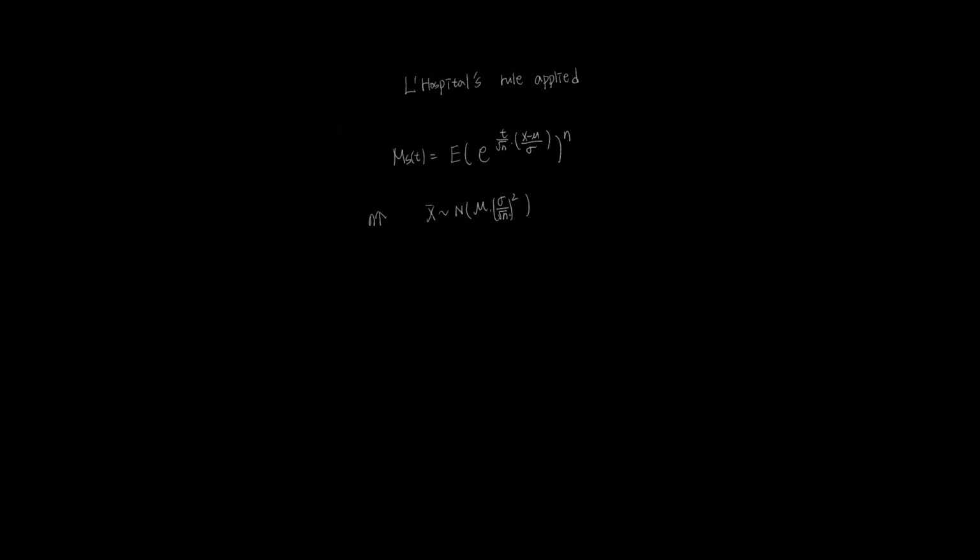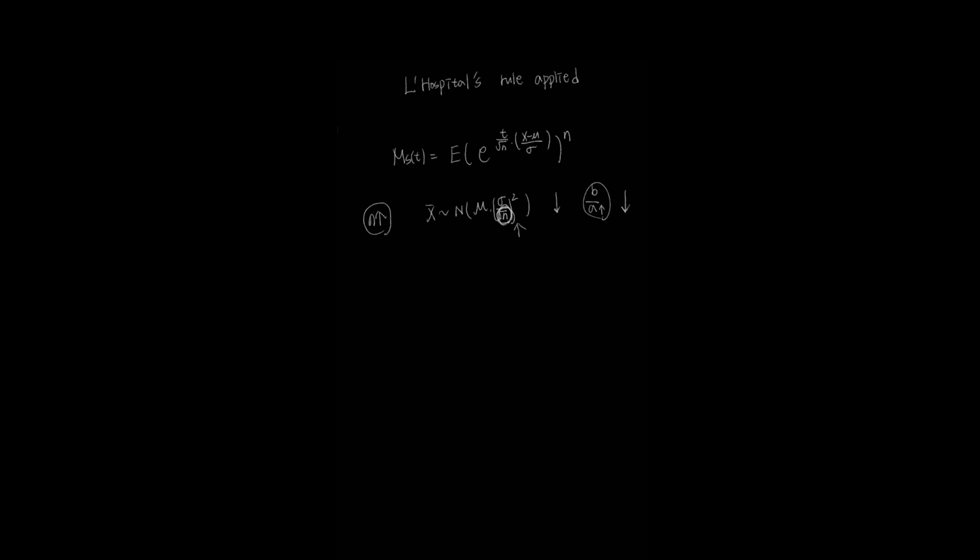But the problem was that if n gets large enough, the denominator gets larger and larger, so the whole number gets smaller and smaller.